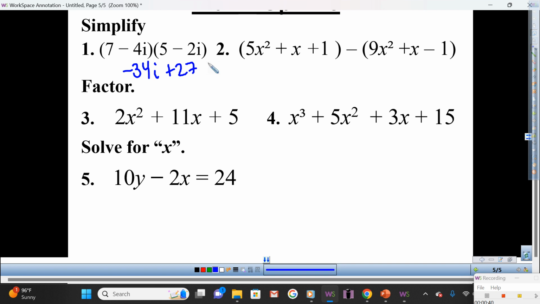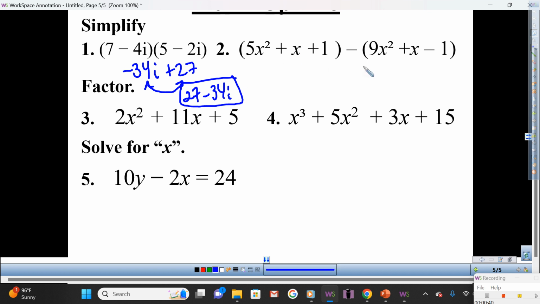It's close. Tell your neighbor what needs to happen. Yeah, the I goes at the end, right? So this is 27 minus 34I. This is a complex number. Make sure you write the I at the end.